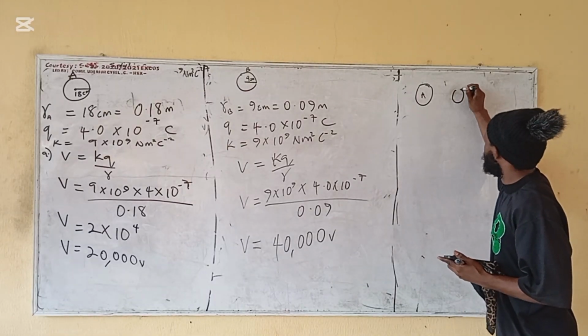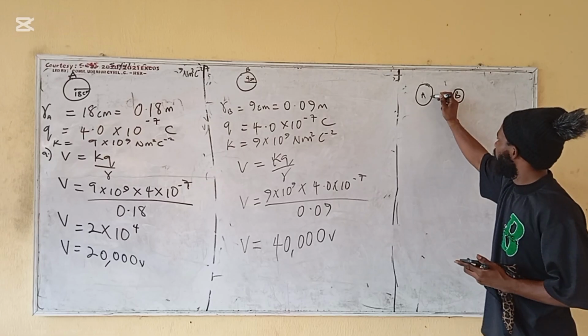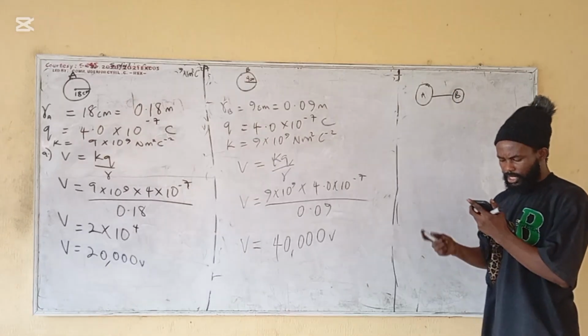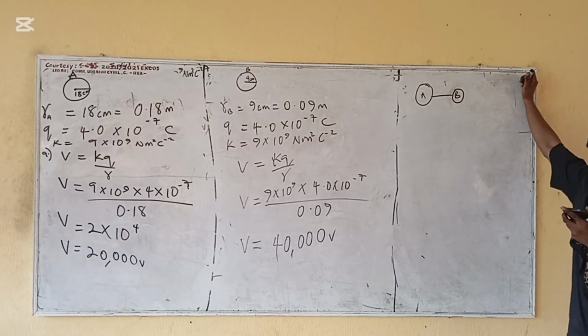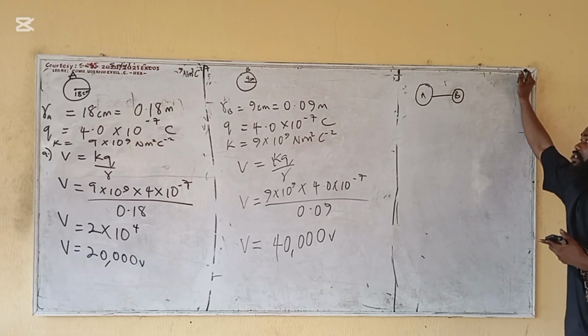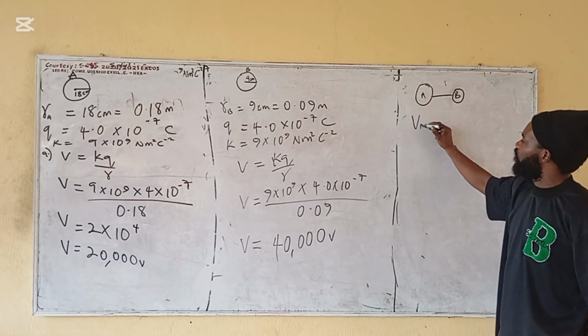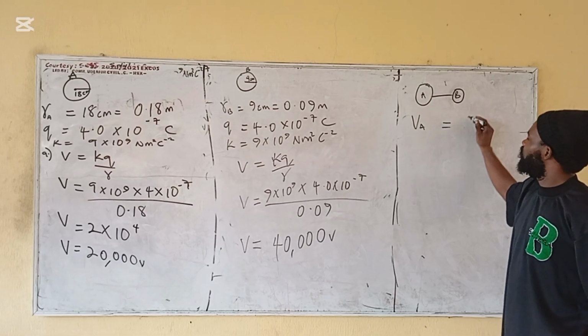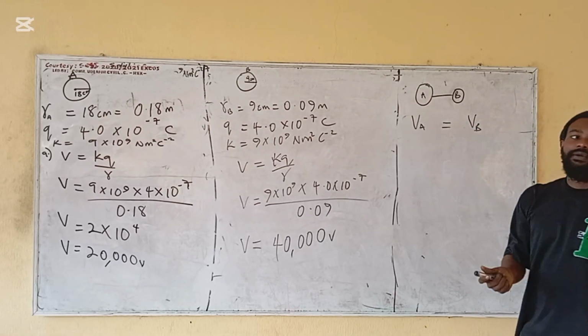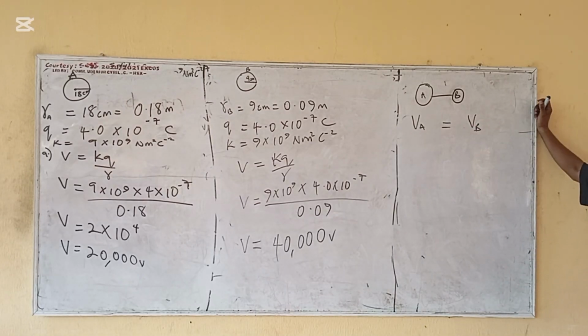Let's say this is my B, connected with a wire. What is the relationship between the potentials? It will simply be the same. This is VA, this is VB, it will be equal.